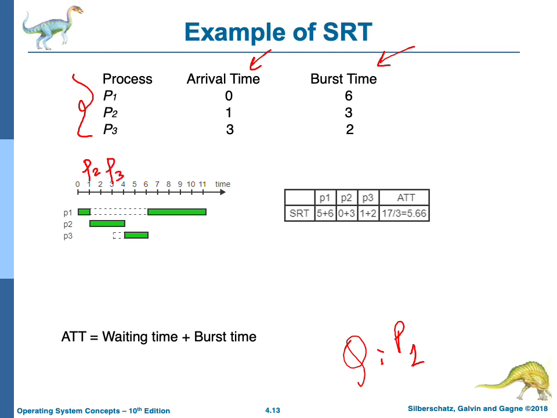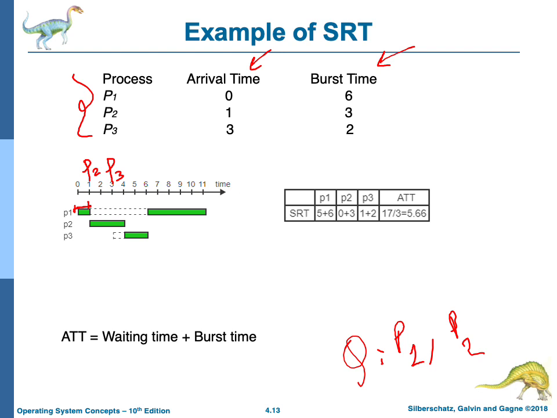So initially, since the queue only has one process, P1 will be scheduled to start running. It will run at time 0, and at time 1, the queue needs to be updated because a new process has arrived. So P2 will be added to the queue, right? Now the scheduler has to make a decision whether or not to interrupt the currently running process based on the remaining time.